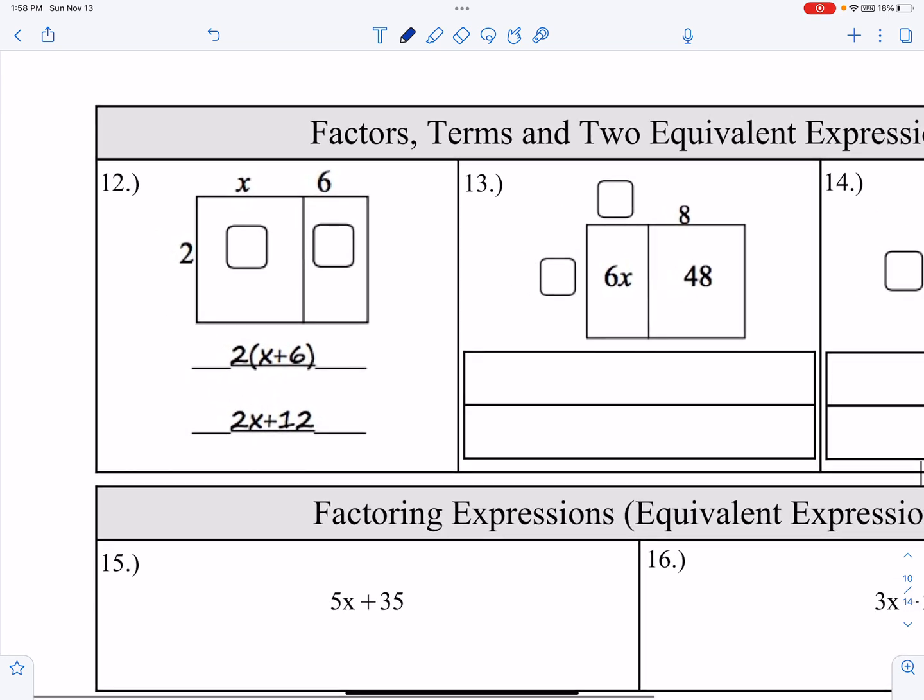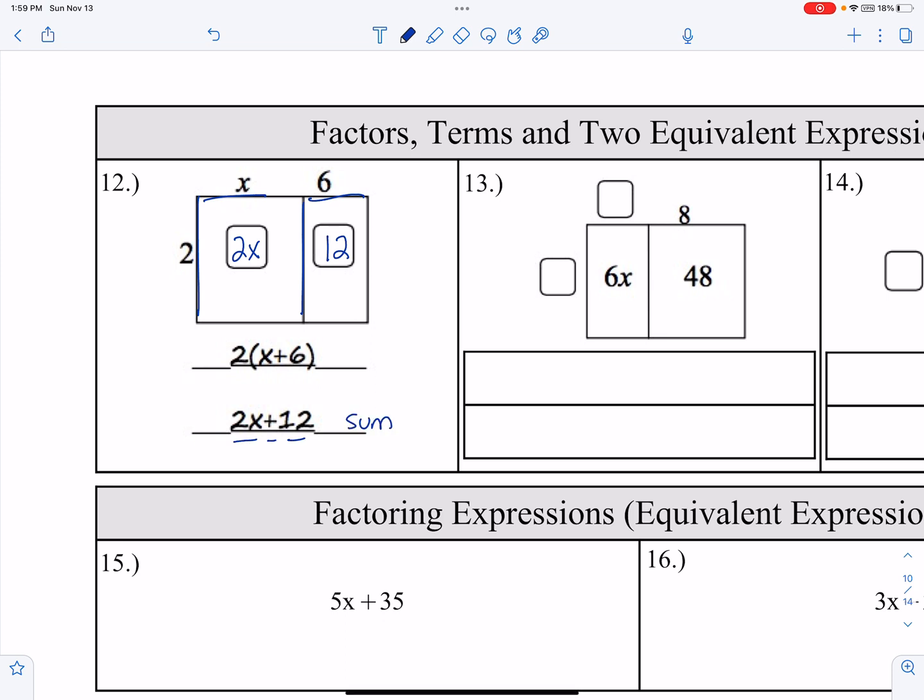So your first one that we're going to look at is 2 times the quantity of x plus 6. What I want you to see here is our 2 length times our width. We had 2x in here, and then 2 times 6 is 12. And so you can see our 2x plus 12 as the sum.